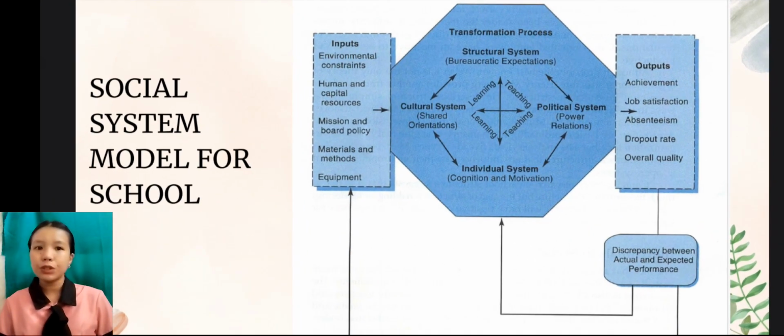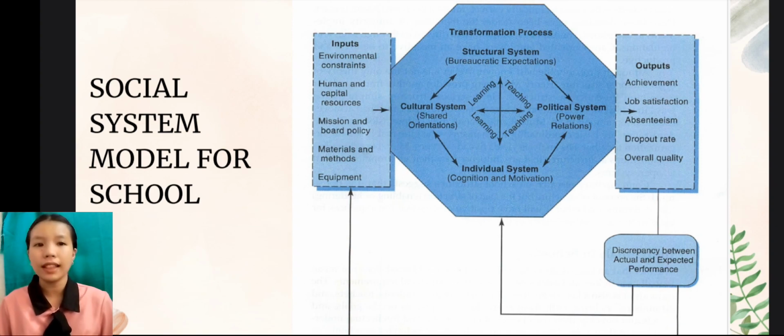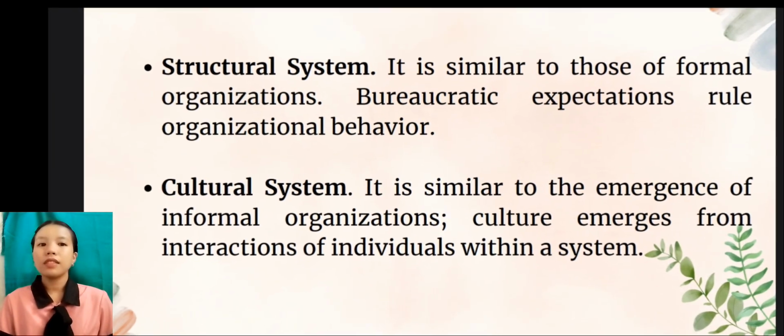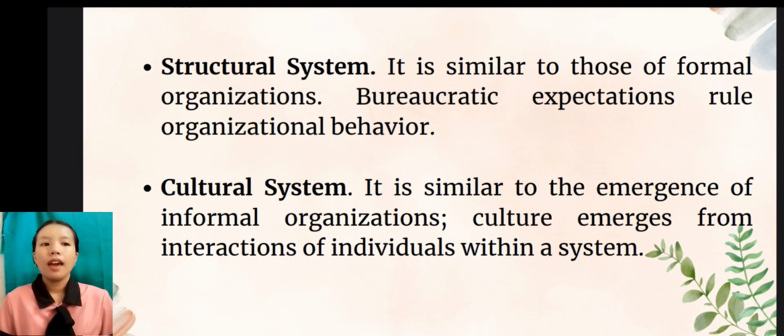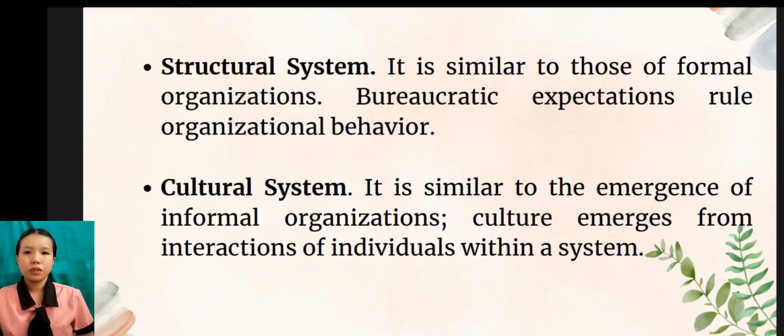So we have here an illustration of the social system model for school. First, we have the environment. So it has a transformation process because the very typical purpose of school as an institution is the transmission of knowledge, skills, values, and attitudes. Next is the structural system. It is headed by the principal or the assistant principal with the guidance counselor. We have subject coordinators and classroom teachers, and the utility staff and non-teaching employees. Next to the structural system, we have the cultural system.